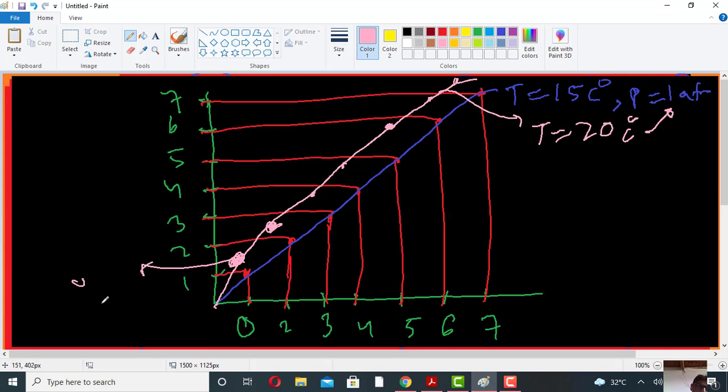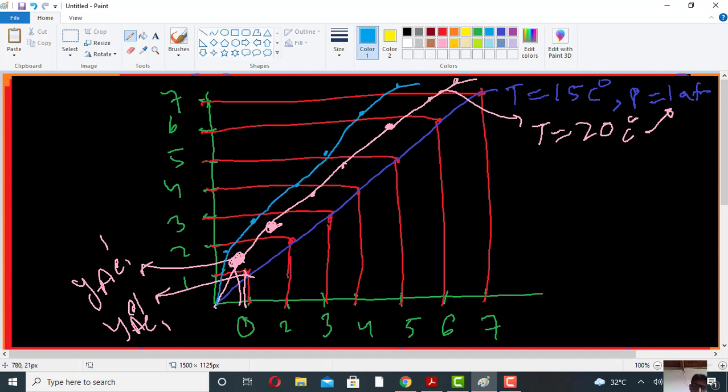This is YAE1 dash and this is YAE1. This is XAE1 dash, this is XAE1. So this is at 20 degrees C. Now if we further increase the temperature to 25 degrees, the sulfur dioxide in the gas was further increased. It formed a curve like this. This is at 25 degrees C and 1 atm pressure.